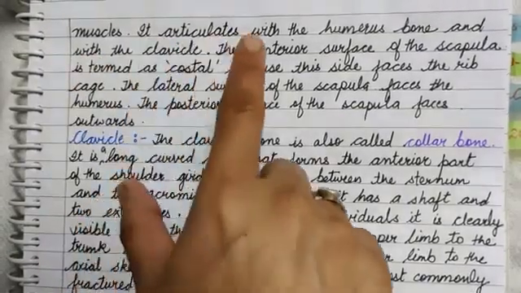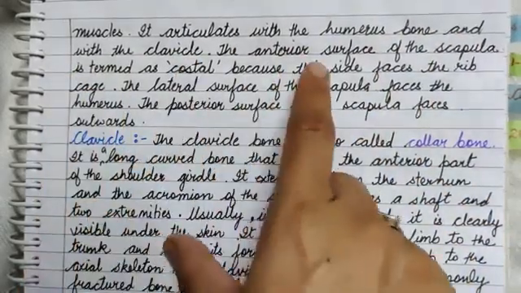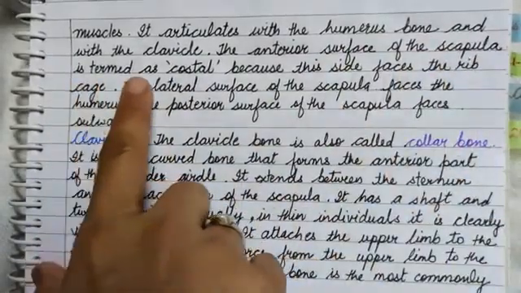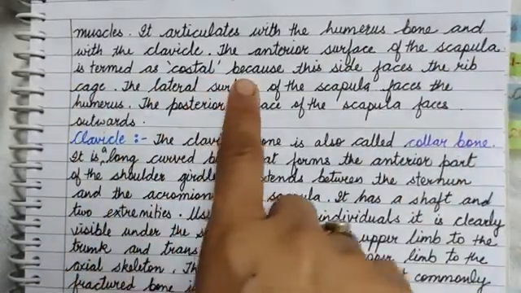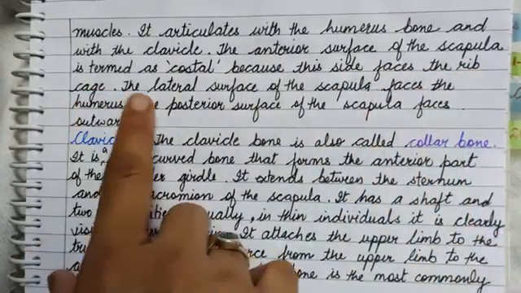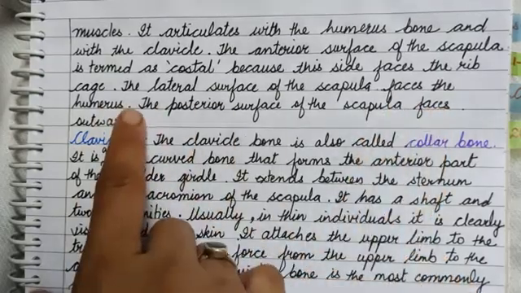It articulates with the humerus bone and with the clavicle. The anterior surface of the scapula is termed as costal because this side faces the rib cage. The lateral surface of the scapula faces the humerus.